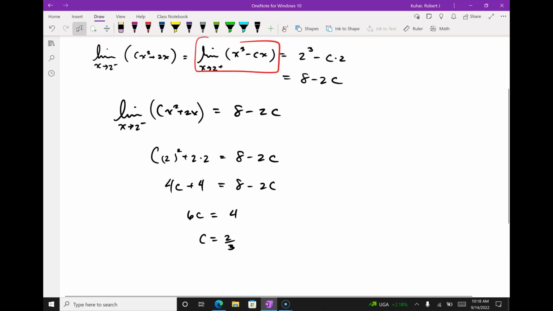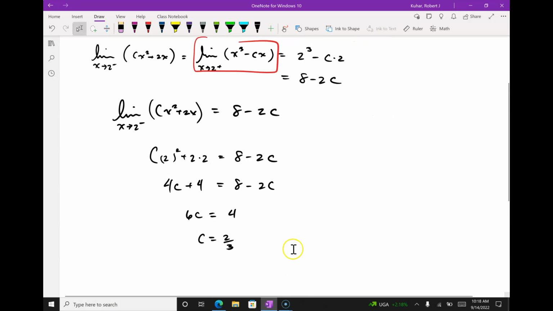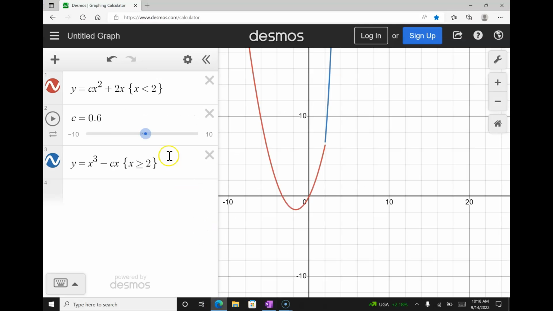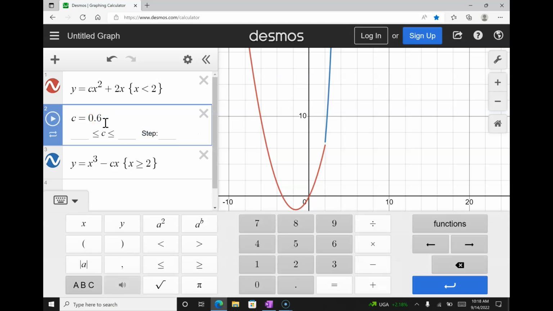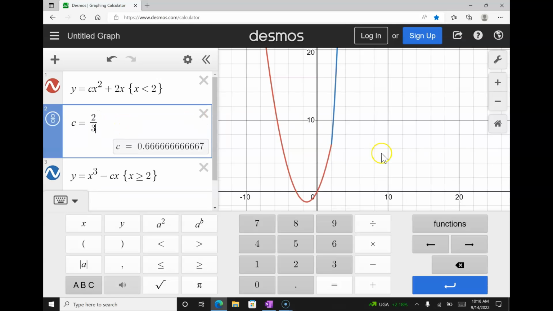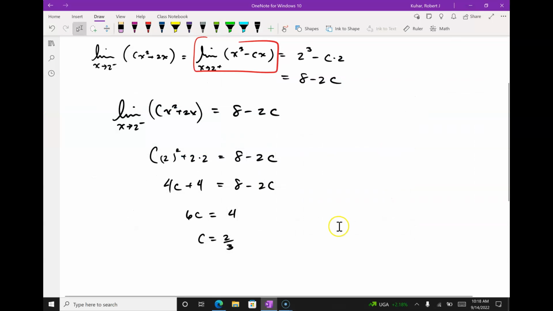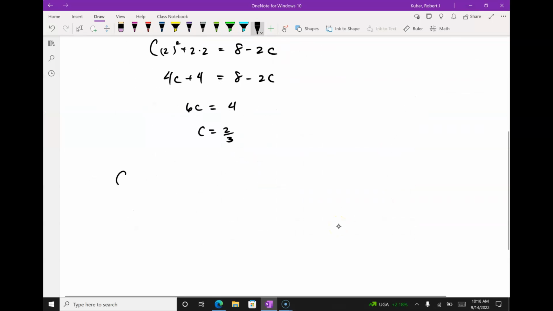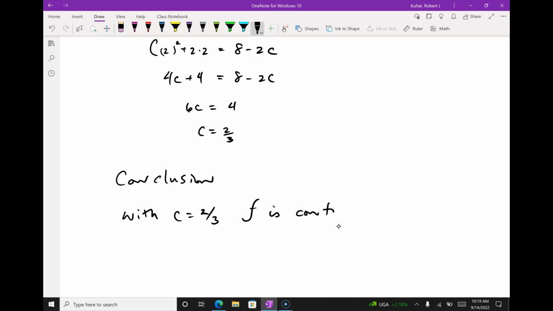We want to check it and then make a conclusion, okay? So let's check it. Let c equal 2/3. Oh, look at that. Nice. And then conclusion: with c equal to 2/3, f is continuous everywhere.